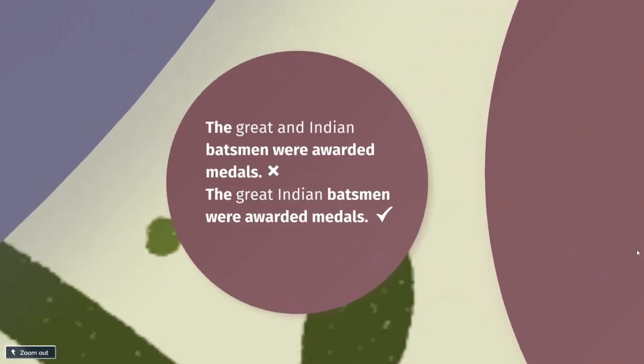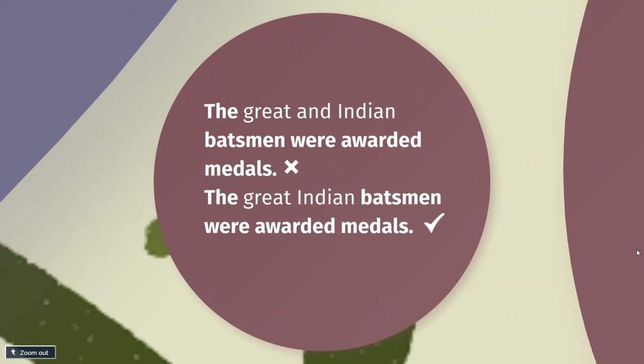One more example. The great and Indian batsmen were awarded medals. It's not sounding good. Why? Because and is put in the middle. So the great Indian batsmen were awarded medals is the correct form, right?